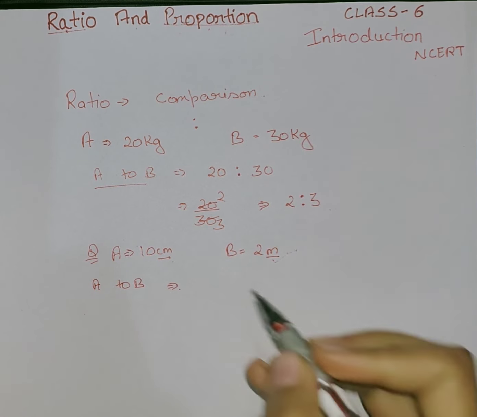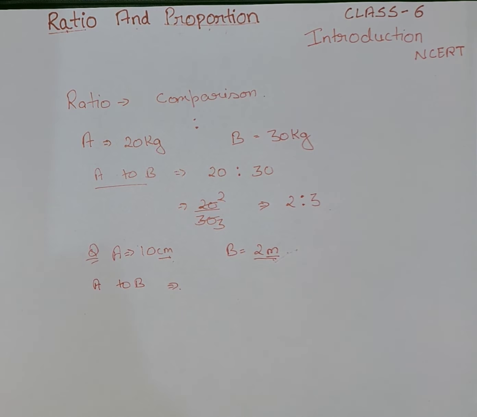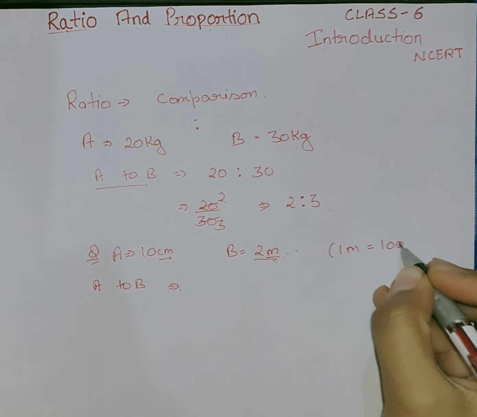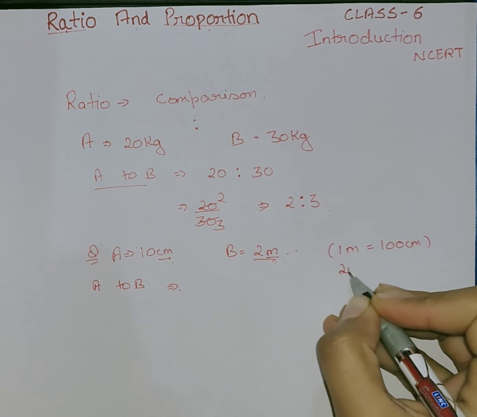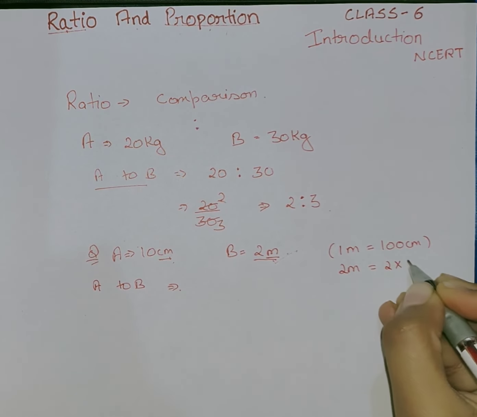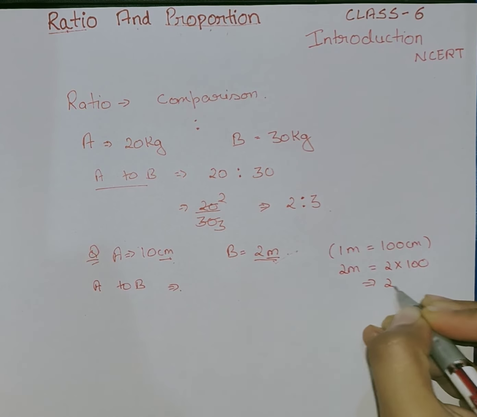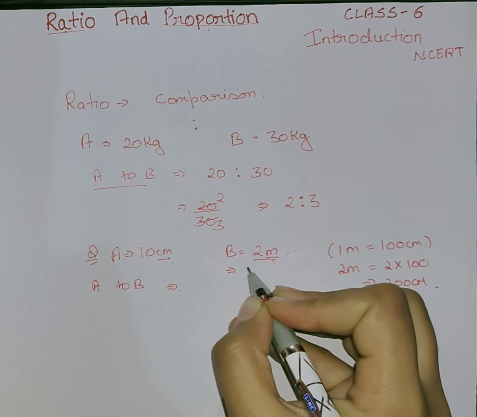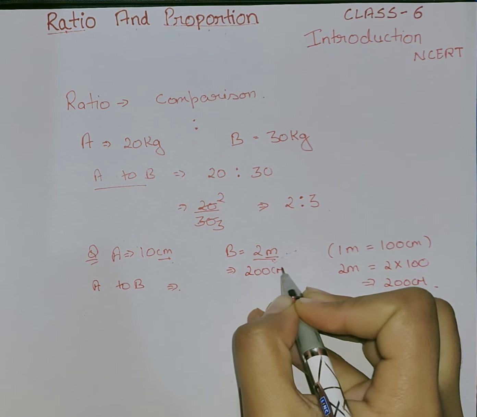Let's convert this 2 meter into centimeter. As you know, 1 meter is equal to 100 centimeter. So 2 meter will be equal to 2 into 100, that is 200 centimeter. Now the value of B is 200 centimeter.